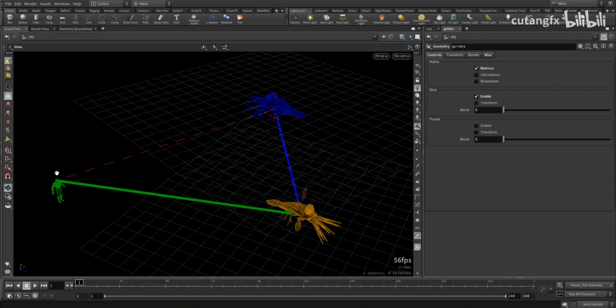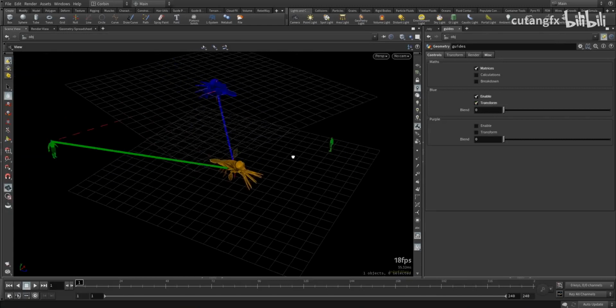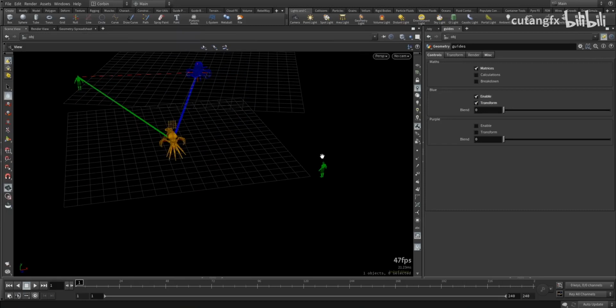So we're calculating the difference here. Okay, I hope you're following that kind of logic, right? So if I take the green one and multiply it by the inverted blue, then this is what happens. So let's switch them on, and that's where the green ends up.